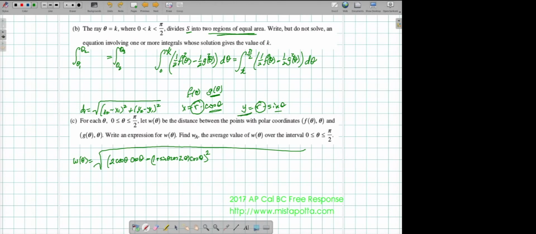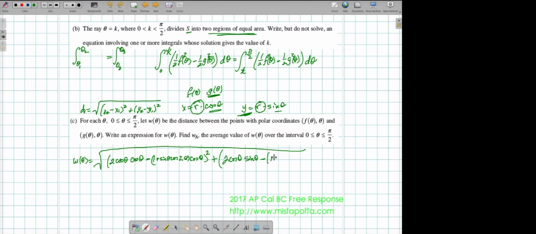Now I need to deal with y for g of theta. That's going to be my y2, plus 2 cosine theta times sine theta, minus, and now for y1, it's going to be f of theta evaluated at r times sine theta.